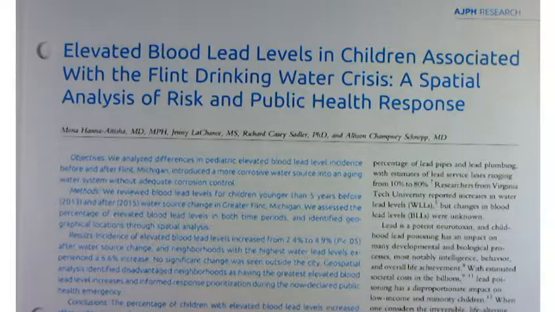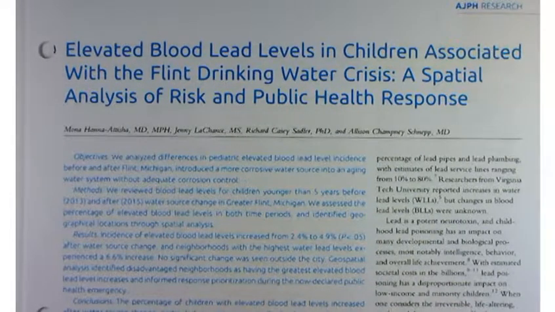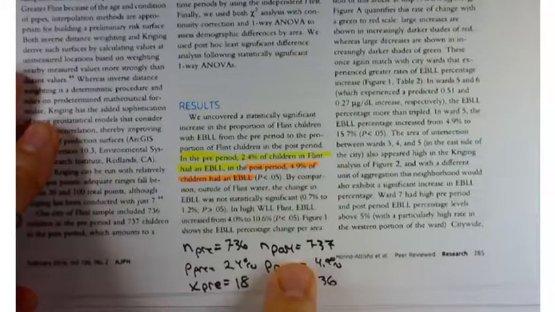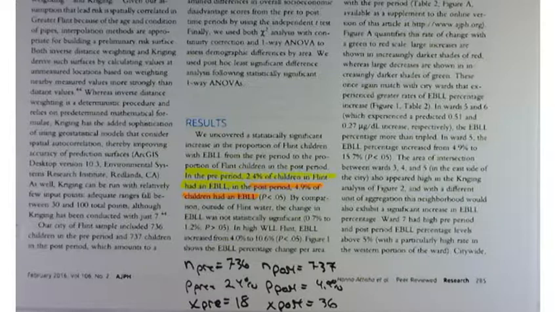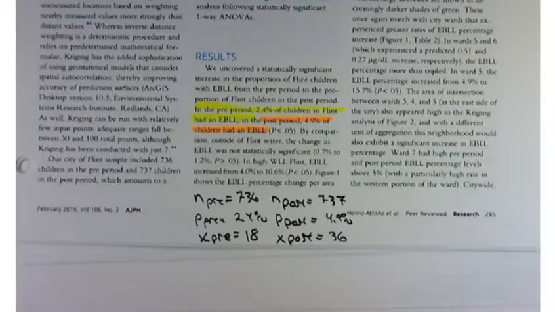Here's the study that you can read on this. And I went through this and pulled out some data on what happened to children. What they did was they got blood lead levels from babies before the switch to water from the Flint River and after.